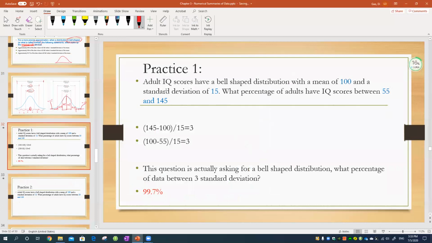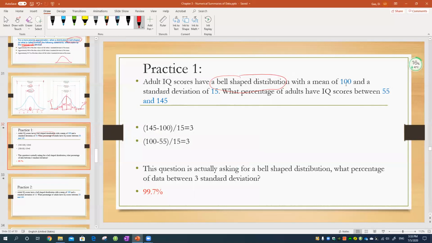Adult IQ scores have a bell-shaped distribution. So when we look at a bell-shaped distribution, we know we can use this empirical rule, with a mean of 100 and a standard deviation of 15. What percentage of adults have IQ scores between 55 and 145?